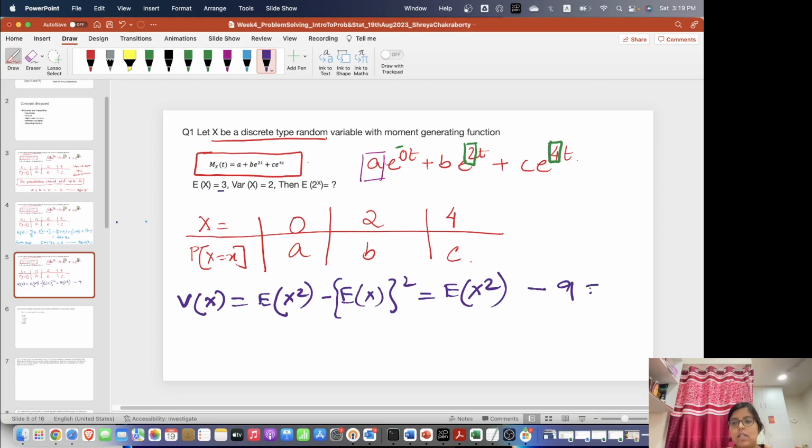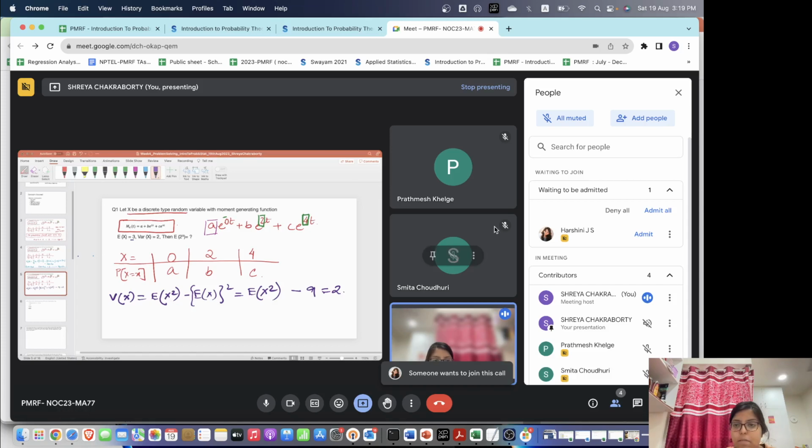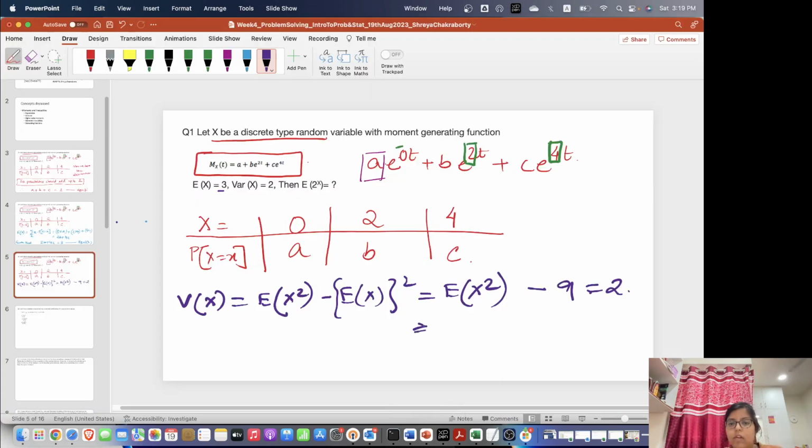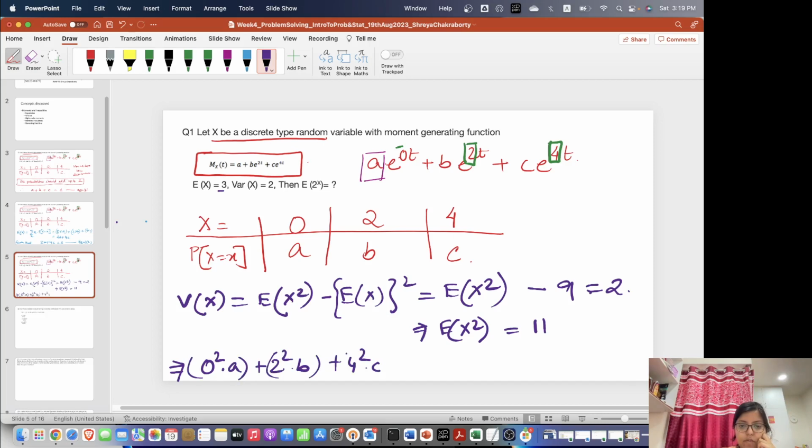This is equal to 2. So then this implies expectation of x square equals 11. So now if we calculate expectation of x square from the table, then what do we have? We have 0 square into a plus 2 square into b plus 4 square into c equals 11.